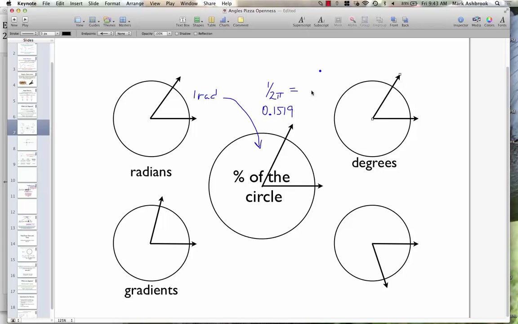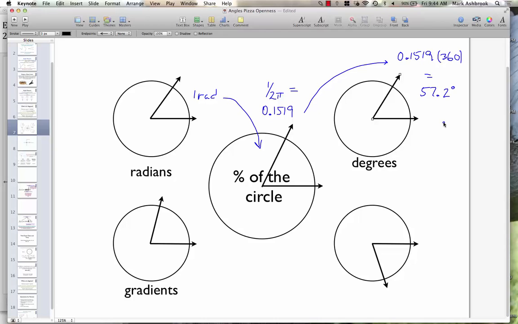What fraction of 2 pi is 1 radian? 0.1519. And then we took 0.1519 of 360, and we got 57.2 degrees.